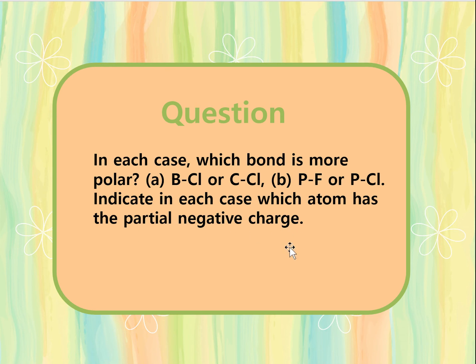You might want to take a second here and pause the video and use the trending electronegativities which we have discussed to do this. Alternatively, you can select the numbers based on the Pauling scale and do the subtraction. But essentially, you should be able to have a general idea based on the trends in the periodic table. So pause the video and attempt this question.